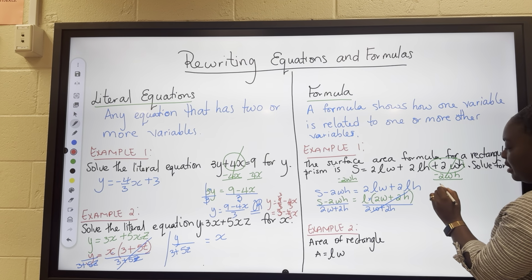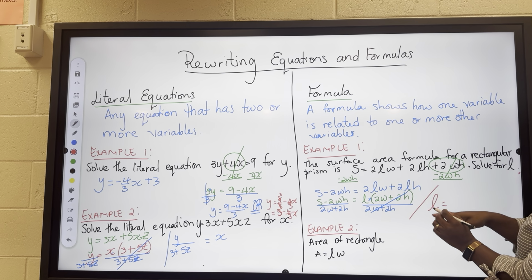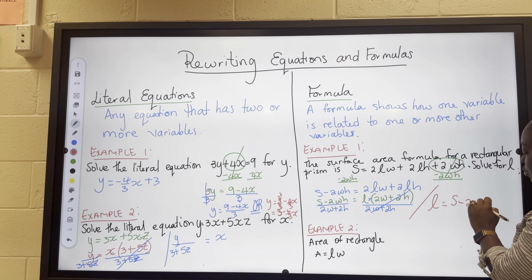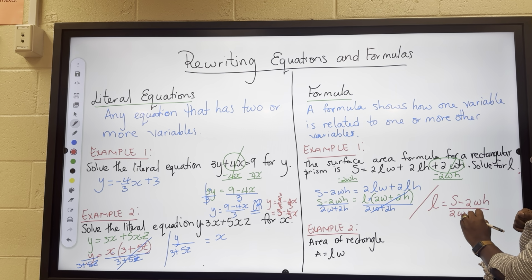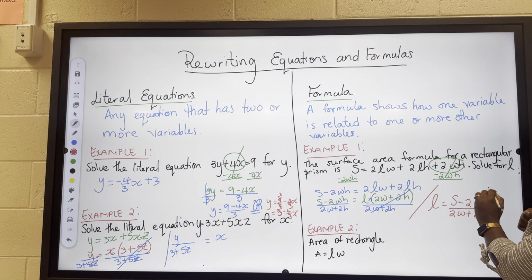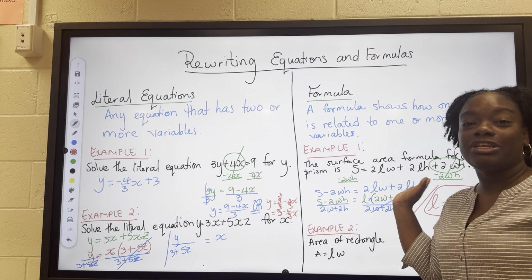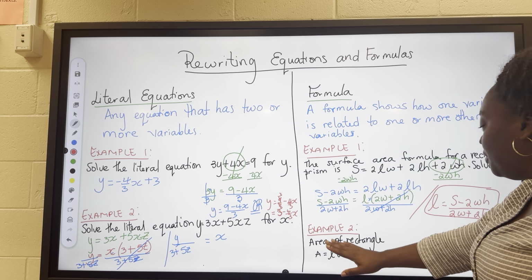So my final answer is gonna be L is equal to S minus 2WH over 2W plus 2H. All right, now I would have written this equation or this formula in terms of L.